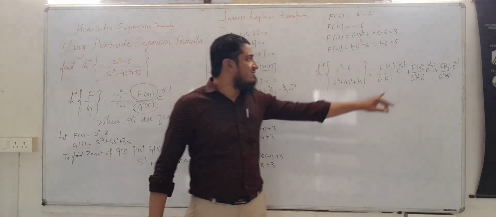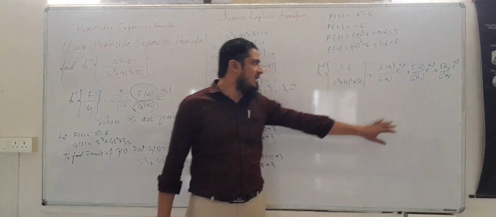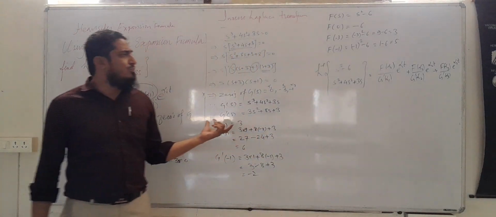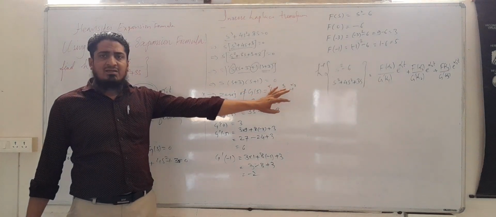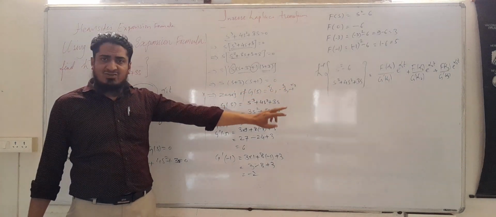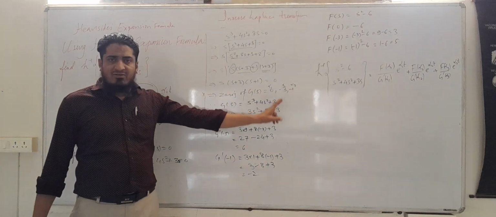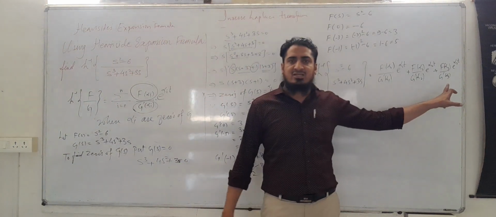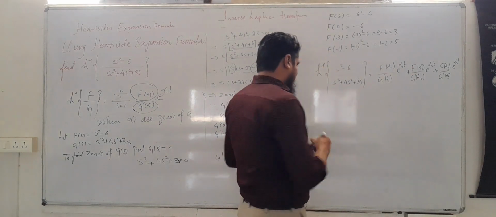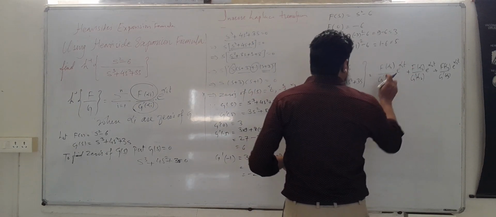Now we know that alpha 1, alpha 2, alpha 3 are zeros of g. We have to put values of f of alpha 1, g dash of alpha 1, f of alpha 2, g dash of alpha 2, and f of alpha 3, g dash of alpha 3 in this expression.